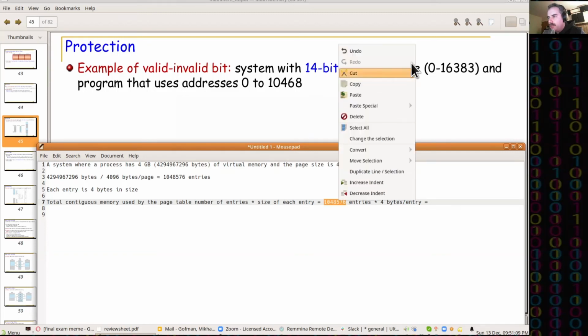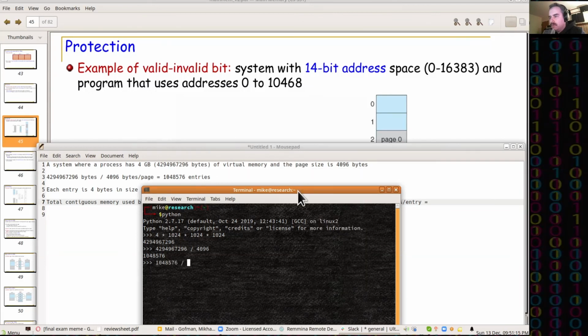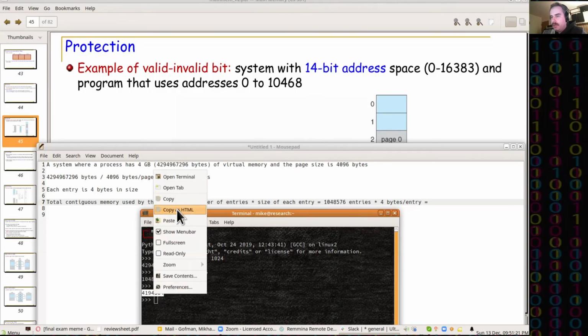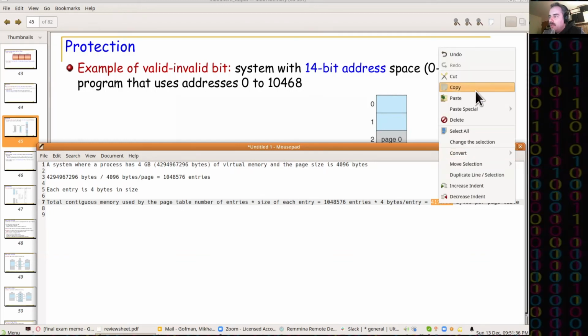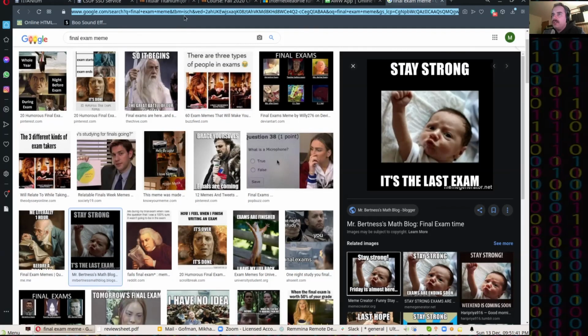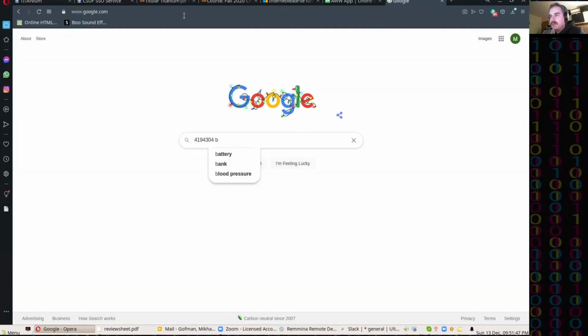So what will this come out to? This is how many bytes per page table we'll have. This is how big our page table will be, and how much contiguous memory it will require. To get a better idea, we can convert bytes to megabytes.